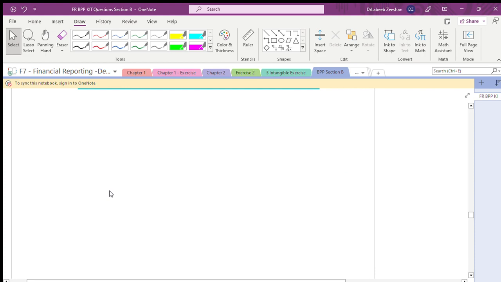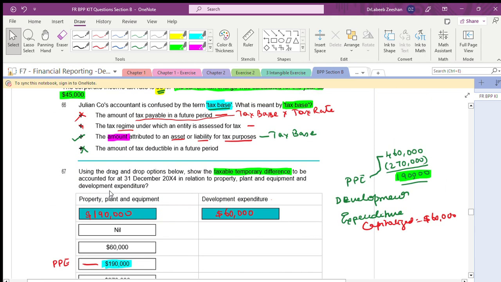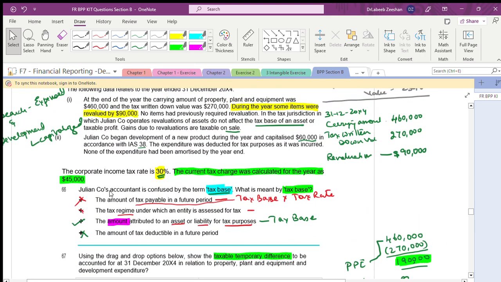Refer to both the videos, the one on tax and IAS 12, and you covered this one. In future also, whenever I post videos, you will find them related to this. Basically, the basic concepts: we have done the tax base, the deferred tax, and the temporary difference.